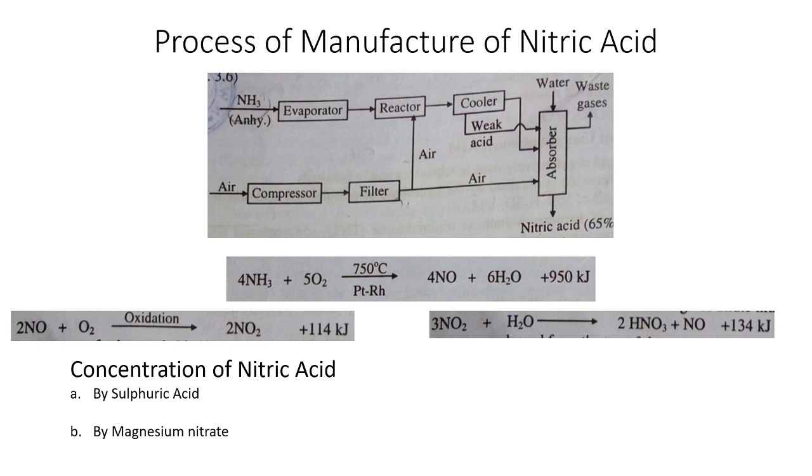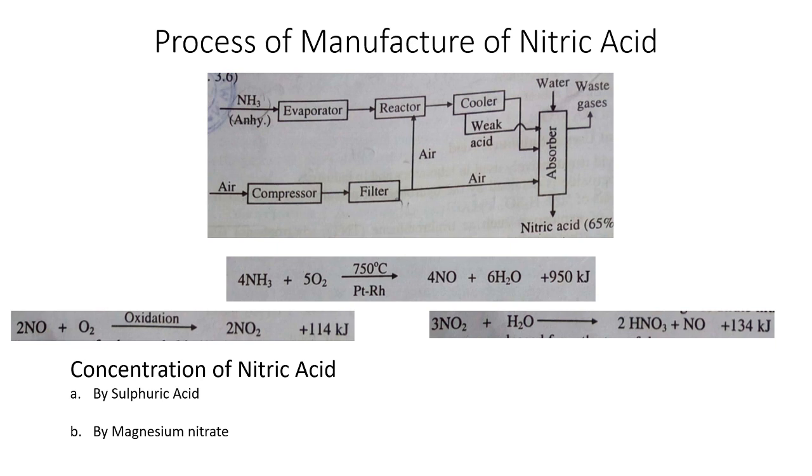Therefore the magnesium nitrate method is used. If you compare both the methods, the second method, that is concentration by using magnesium nitrate, is more superior than the sulfuric acid method. The reason is, first of all, the cost is nearly half, and the acid quality and yield are quite better with magnesium nitrate.